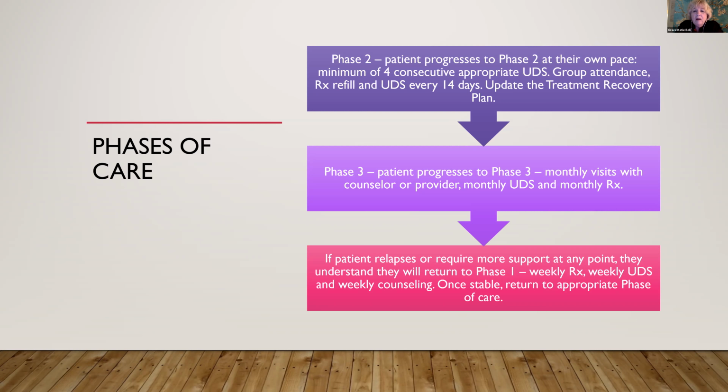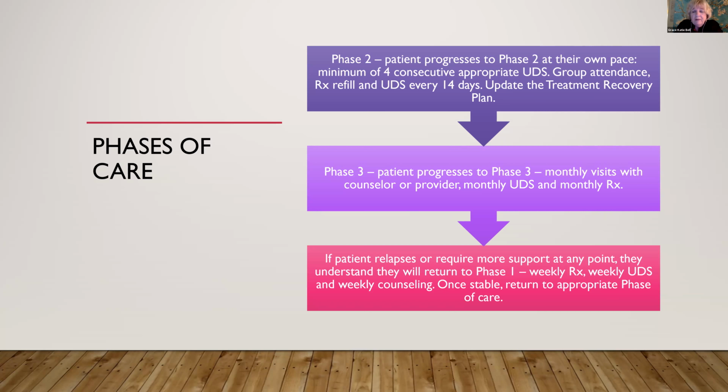The requirement is for consecutive appropriate urine drug screens, which means positive for bup only, or we usually don't die on the cannabis hill unless we really feel that it's a problem for the patient. But different clinics have different approaches and different providers do.